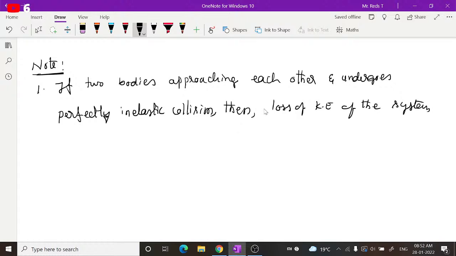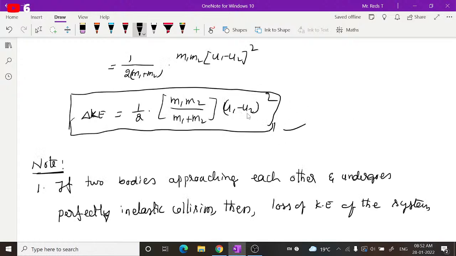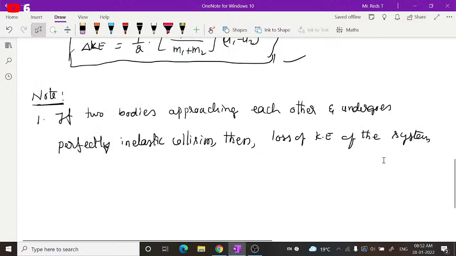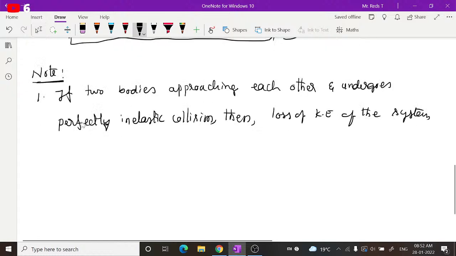so you will consider the velocities. When they are moving in the same direction, you can consider the relative velocity as the difference between them. When they are moving in opposite directions, the velocity term will come as the sum of these terms; instead of a negative term we get a positive term, that's it. Because in vector form we get a positive term, so directly let me write this.